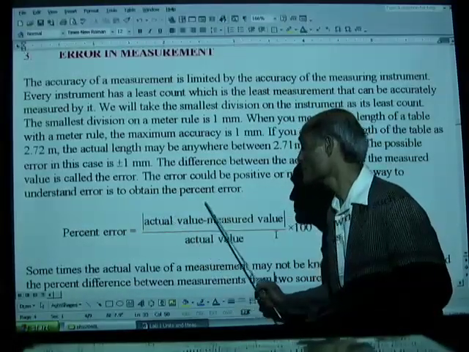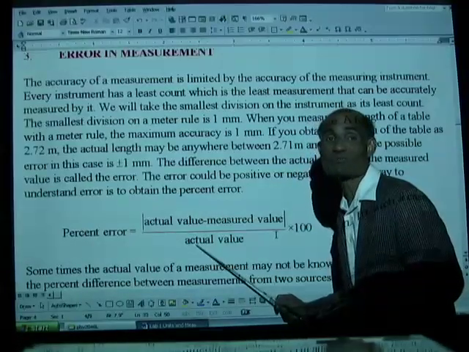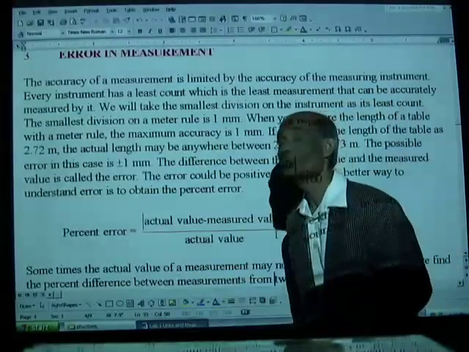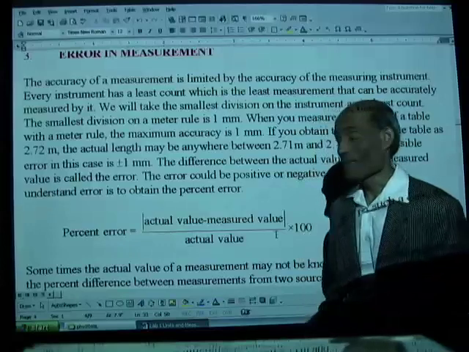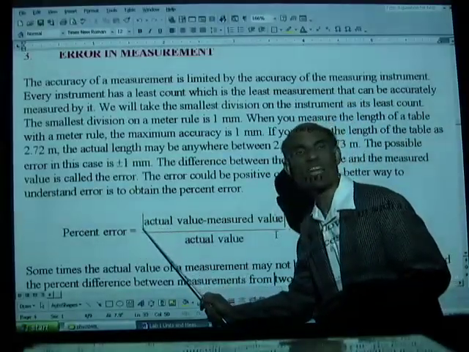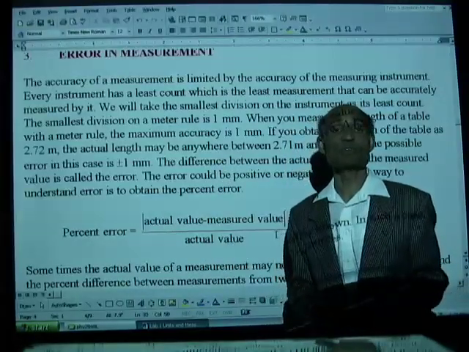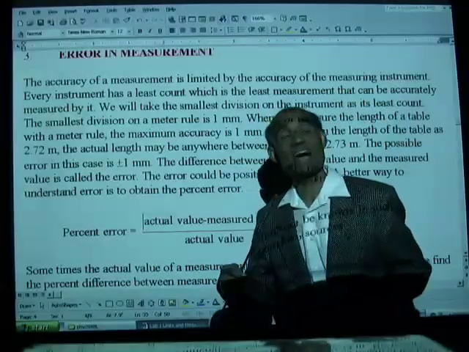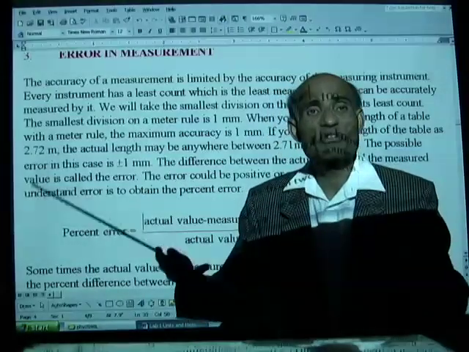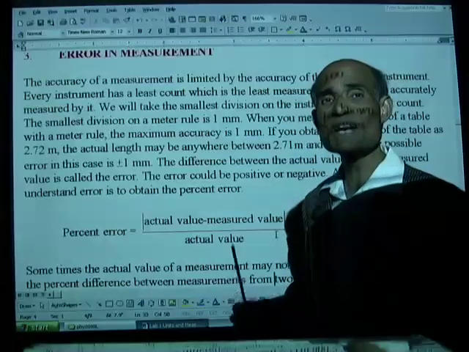The actual value minus the measured value, divided by the actual value, multiplied by 100, will give you the percent error. That means the percent error can be calculated only if you know the actual value. If you don't know the actual value, then you cannot calculate an error. Can you?